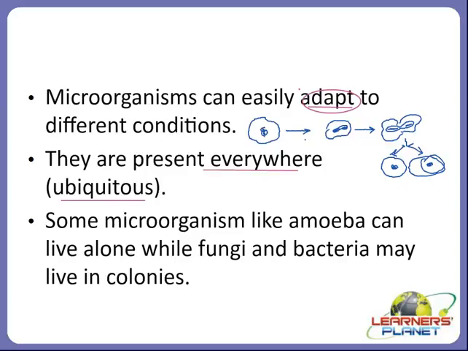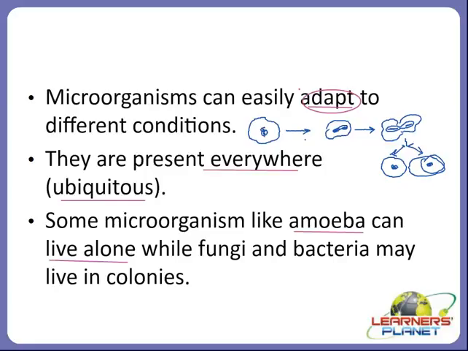Further, there are organisms which can lead their life alone or they may live in a colony. Microorganisms like amoeba are one example of a microorganism which can live on its own as an individual organism. In short, it is a free living organism.